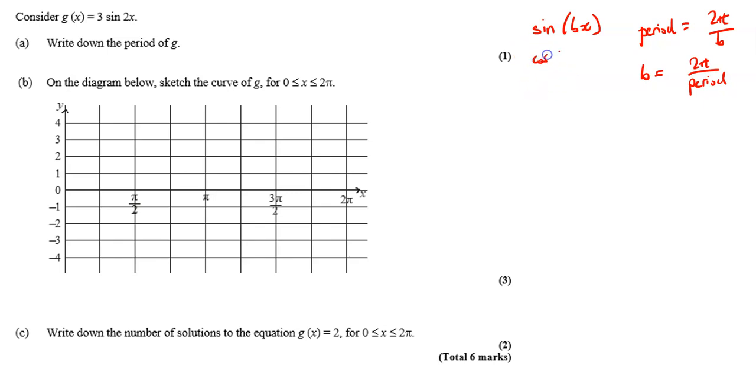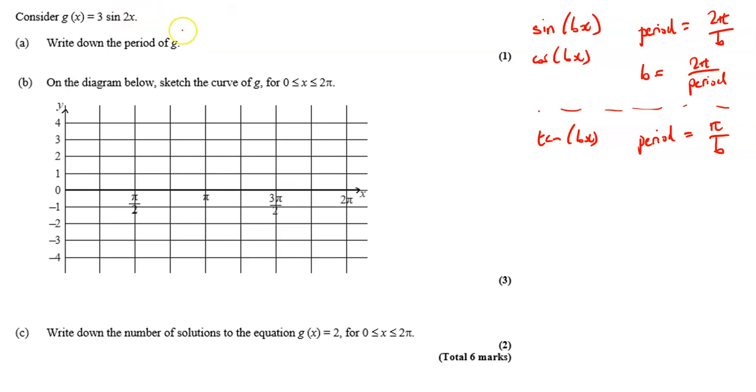That is the same for sine and cos. For tan bx, it's kind of the same, but because the original period of tan is pi, it's going to be pi over b.